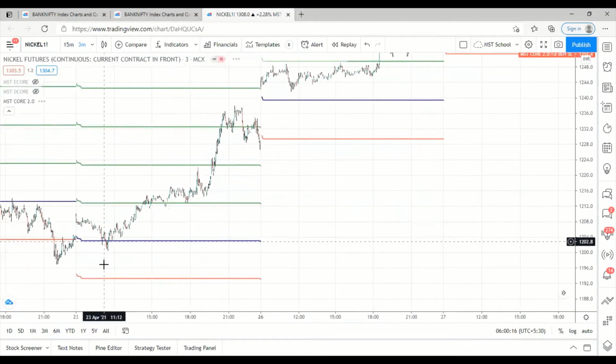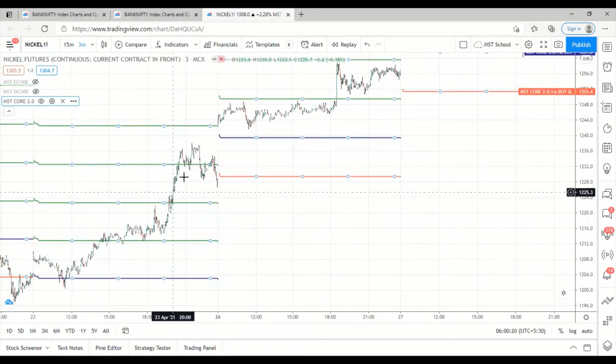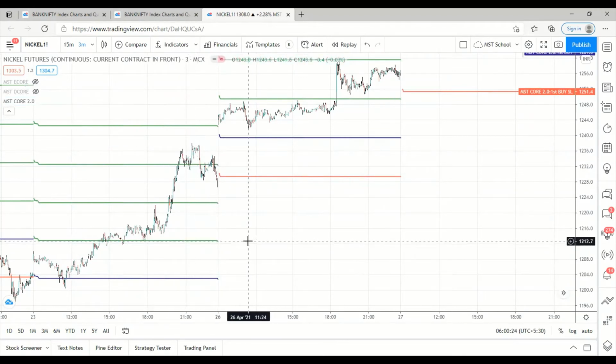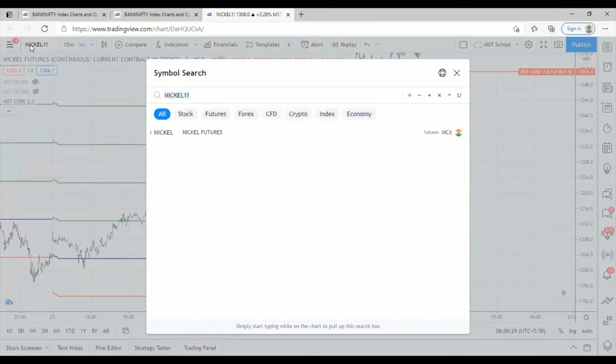See here on 23rd April, buy activated, first target, second target, third target, and third and a half target almost done. Not only nickel, you take copper.